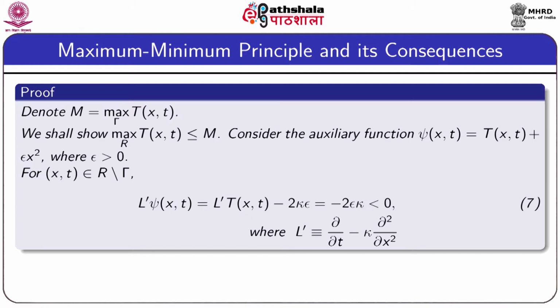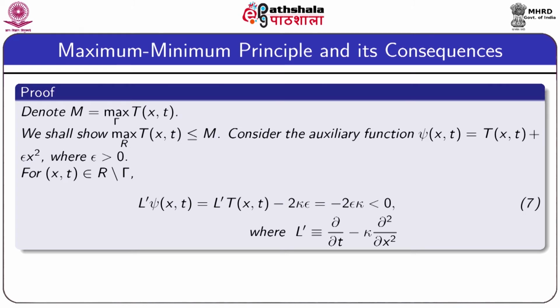If we operate L dash on psi, it will give L dash T plus L dash operating on epsilon x square. L dash T is nothing but zero, since T satisfies the heat equation. If we operate L dash on epsilon x square, the first term, the del by del t term, will contribute 0 and the next term, del 2 by del x square, will give the value 2.